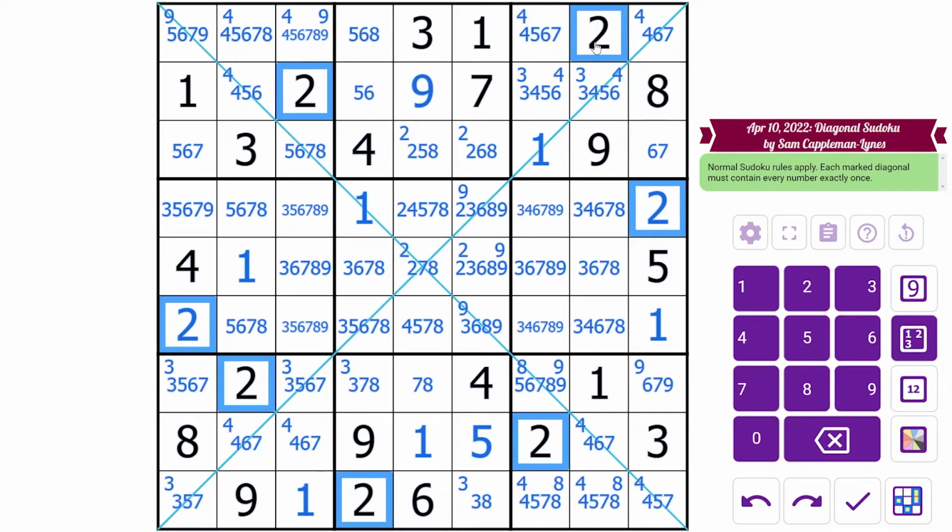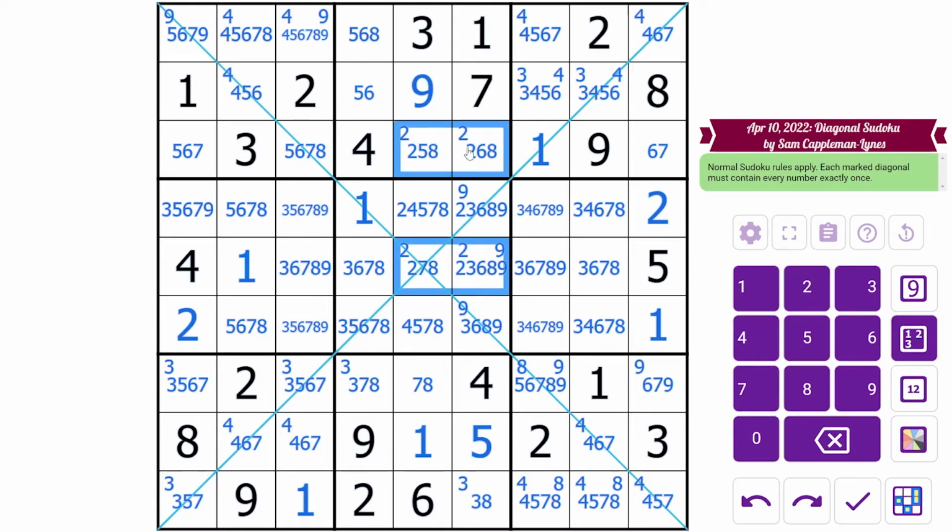Okay, let's look at 2's again. 2's there, 2's there, 2's there. So we need this box and this box. We don't have enough information, but what along the diagonal? Okay, 2 can be in one of 2 places.